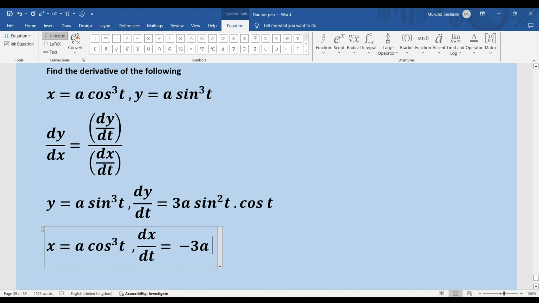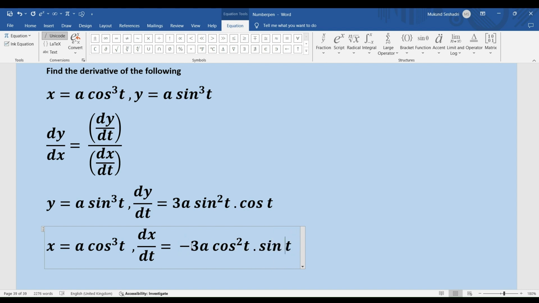My outer function is a cube function, so I use the formula d by dx of x to the power n equals n times x to the power n minus 1. So I get cos square t here. So let me write that down. Then I go ahead and differentiate my inner function, which is cos t. d by dt of cos t is nothing but minus sine t, right?